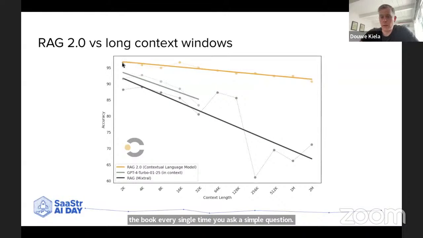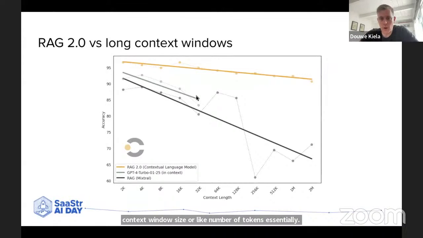The other thing that's important to keep in mind is that you want this context length to scale to infinity, which again is going to be very hard with the long context window model. But the final nail in the coffin, I think, is that this RAG 2.0 approach actually scales much better with context window size, or number of tokens essentially, than an actual long context model.